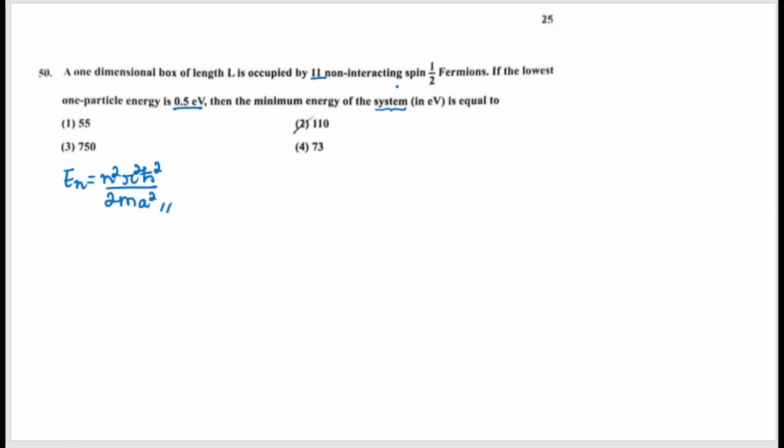And here they have given one more thing, that is spin half fermions. Spin half means the particle belongs to fermions only. Fermions follow Pauli's exclusion principle.